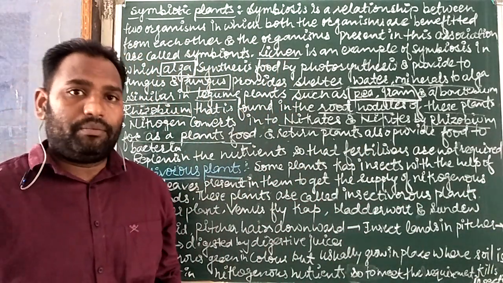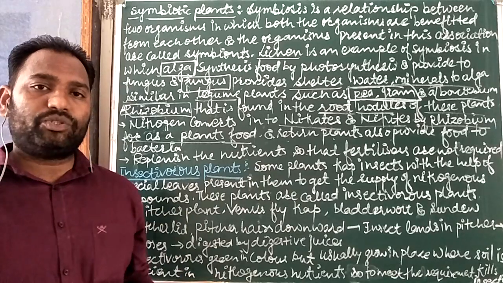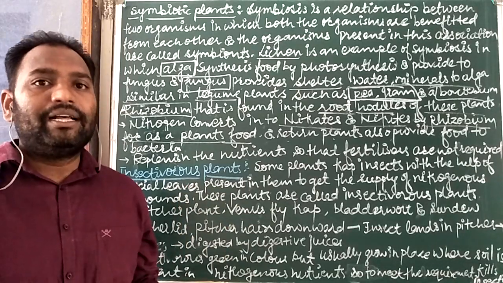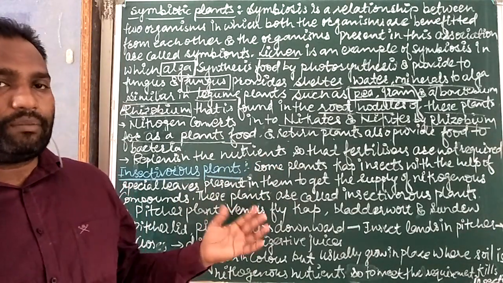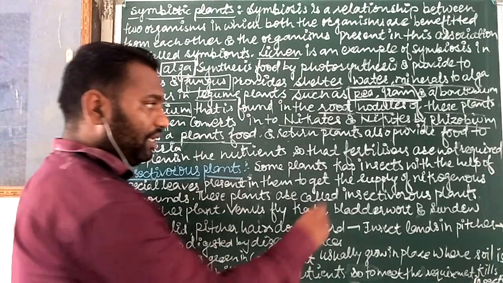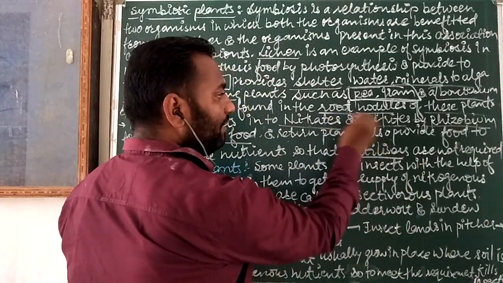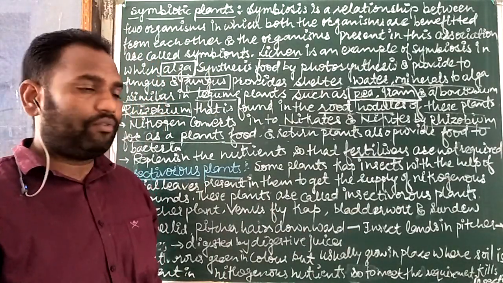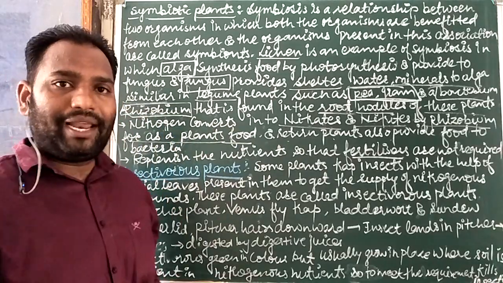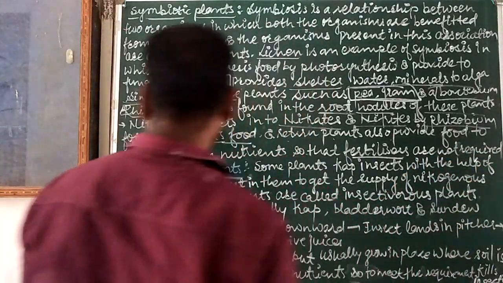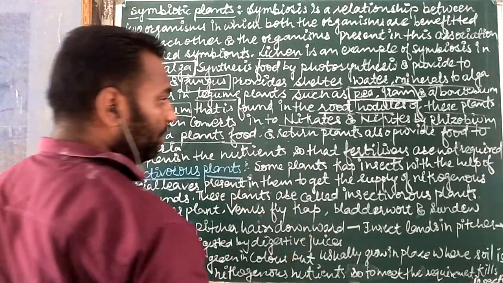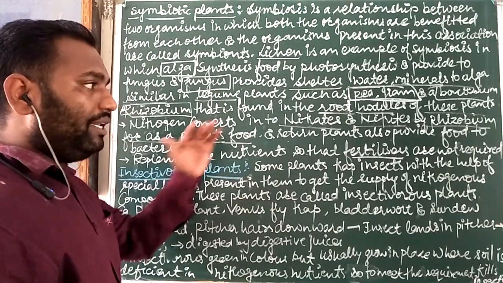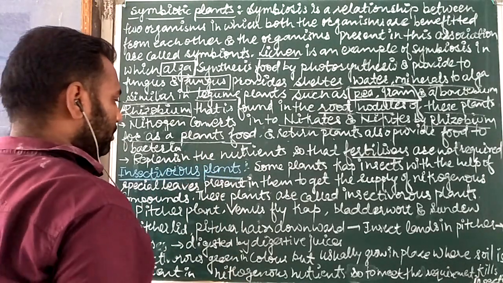If rhizobium bacteria cannot convert nitrogen into nitrates and nitrites, then plants will not take it, and when they need it they will take it from outside, in the form of fertilizers, to fulfill the deficiency. So fertilizers are not required for replenishing these nutrients. This is also good for us, and it is done naturally by this rhizobium bacteria.